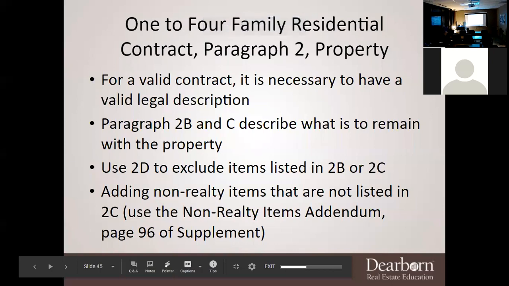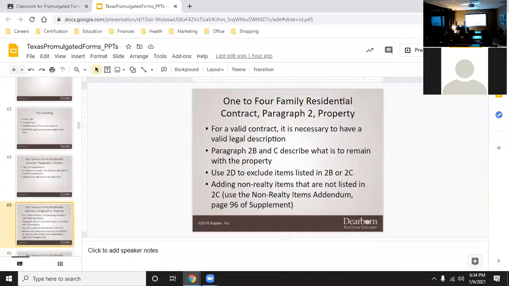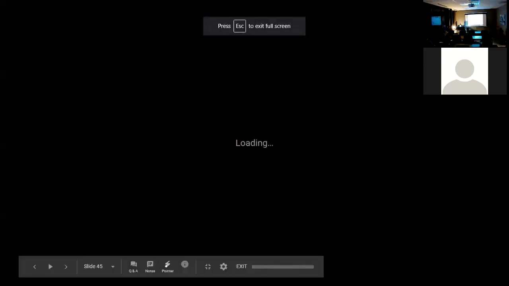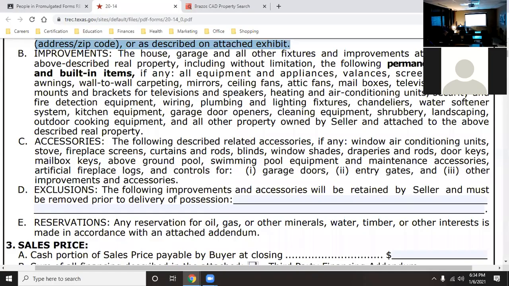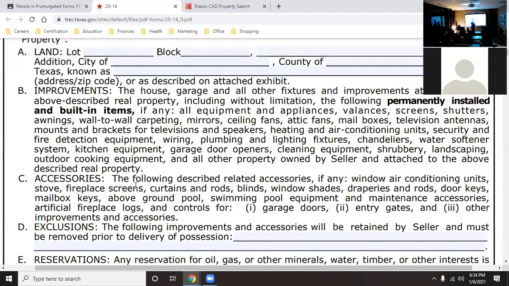Okay. Now, adding non-realty items that are not listed in 2C. So, for example, say that Miss Linda, when she's looking to buy a house, walks through the property, and she goes, oh my gosh, man, that's a very unique table set.